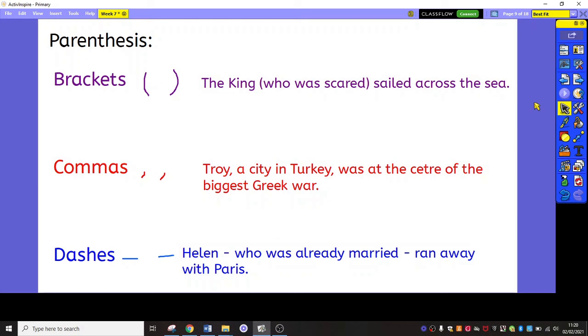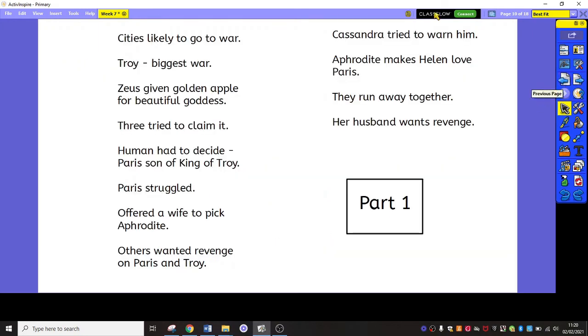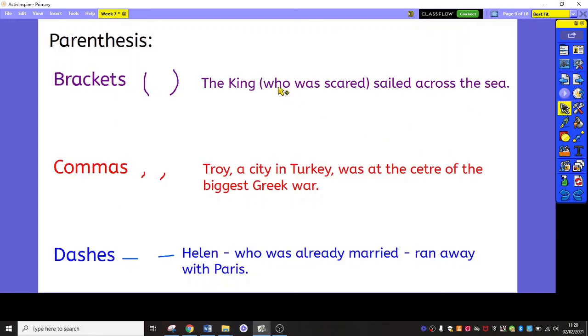So your task, using your research, using the text that you looked at yesterday, that will help you too, is to create, I would suggest, at least 3 examples of each: 3 sentences for brackets, 3 sentences containing commas, 3 sentences containing dashes, about what you've just listened to.